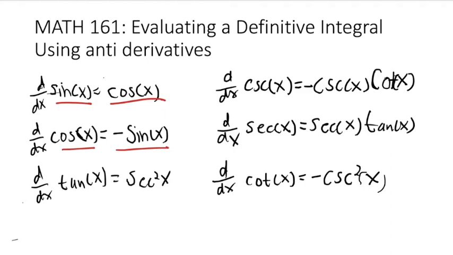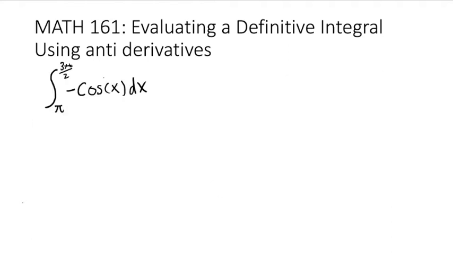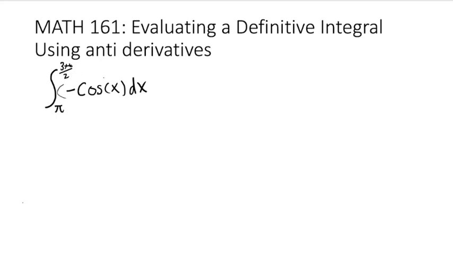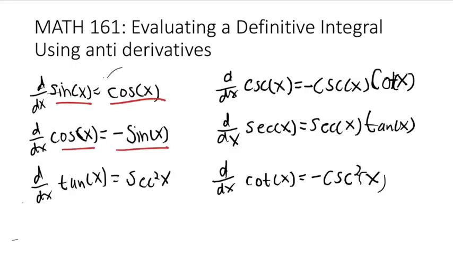So now let's look at an example. An integral from pi to 3 pi over 2 of negative cosine x dx. So we know that the antiderivative of cosine x is sine x, but it's negative. But we know that the derivative of sine x is a positive cosine x. Therefore, if we made it a negative sine x, the derivative would be a negative cosine x.